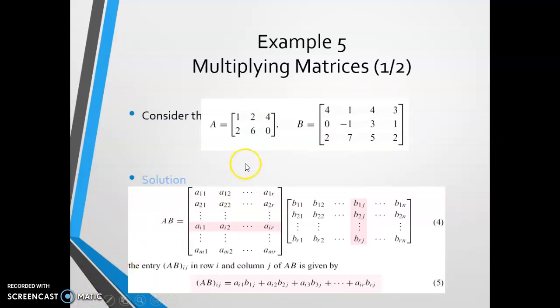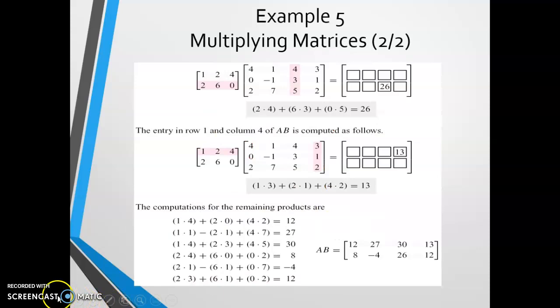Okay, consider, let's say we have A and B. So here the matrix A is 2 times 3, with 1, 2, 3 columns, and this one B is 3 times 4, with 1, 2, 3, 4 columns. So the answer will be 2 times 4. Okay, so how do you get 2 times 4? Double check, betul tak? 2 rows, 4 columns.